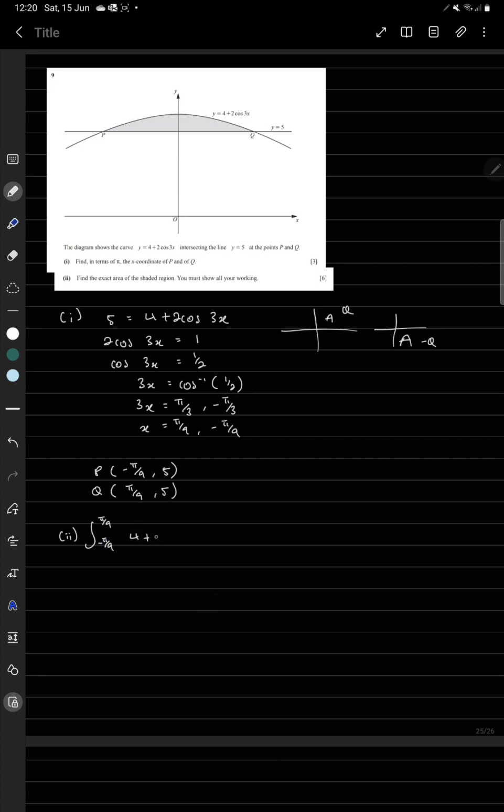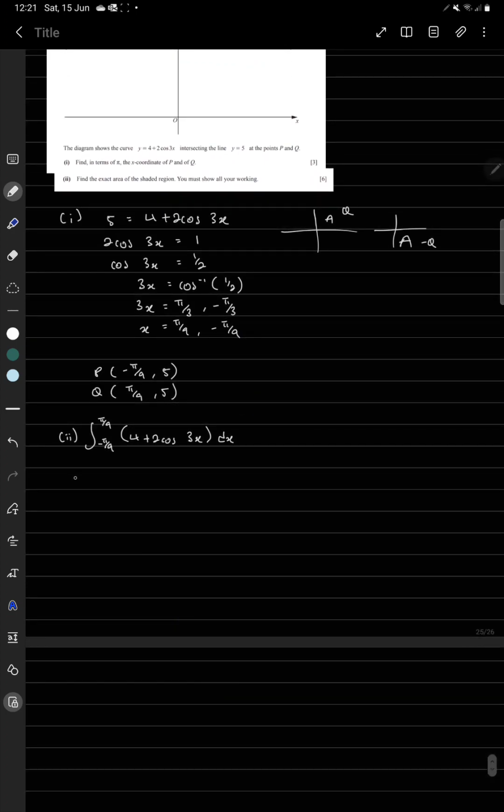and we are going to integrate 4 plus 2 cos 3x dx. We're going to integrate this first. When we integrate this, we will get square brackets 4x plus, cos becomes sine, so that's 2 sine 3x, and divide by 3 because of the 3x, with limits pi over 9 and negative pi over 9.